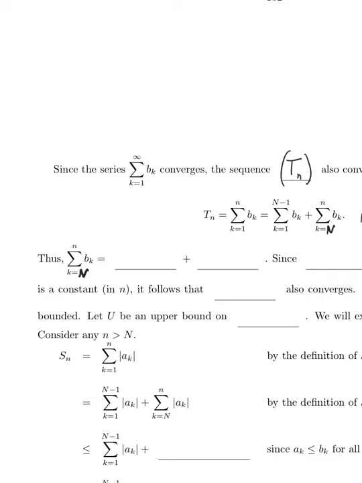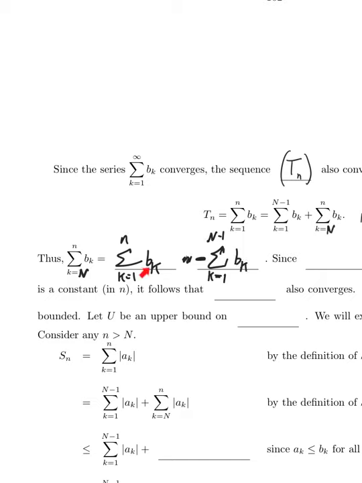So the sum from k equals big N up to little n of b_k is the same thing as the sum from k equals 1 up to little n of b_k minus the sum from k equals 1 up to big N minus 1 of b_k. To get that I just want to subtract this to the other side. So let's check this out.